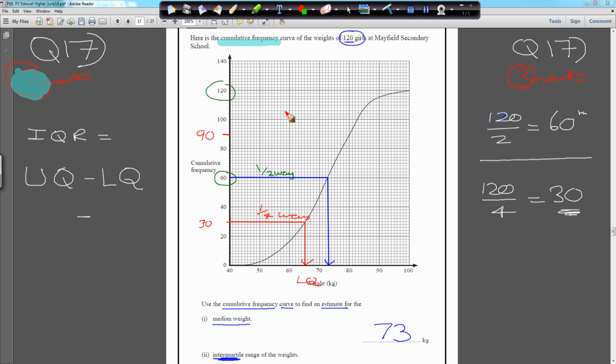Now let's choose a different color for the upper quartile, green. Going to 90, we go across, drawing a straight line in green from here, and then bring the line straight down.